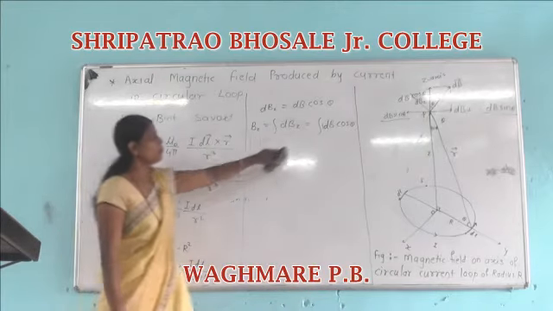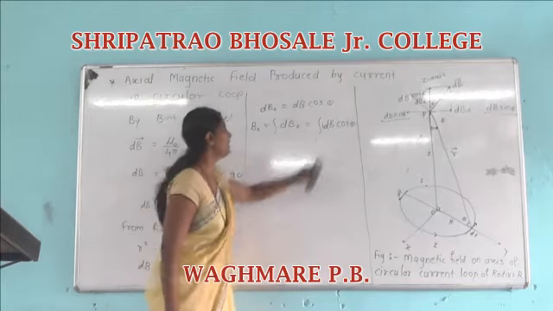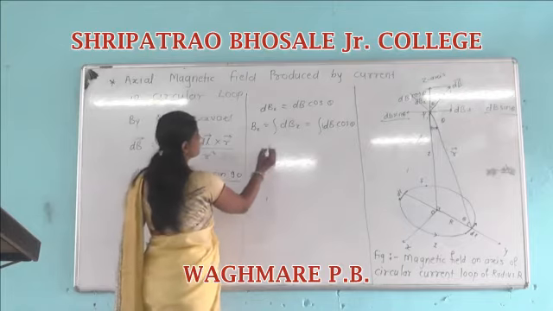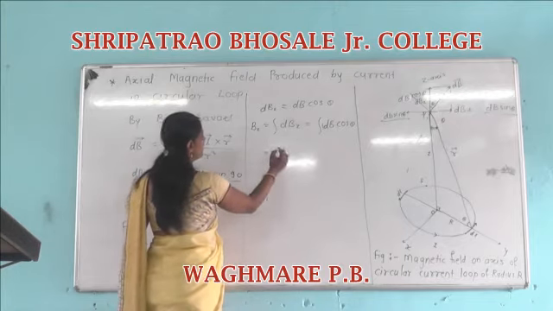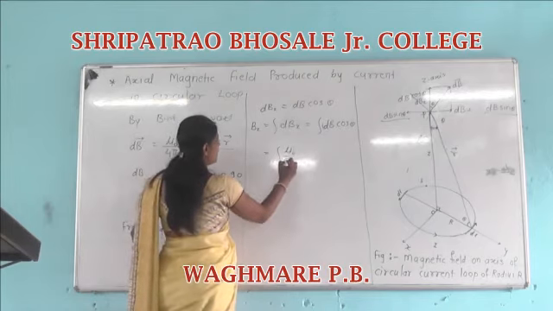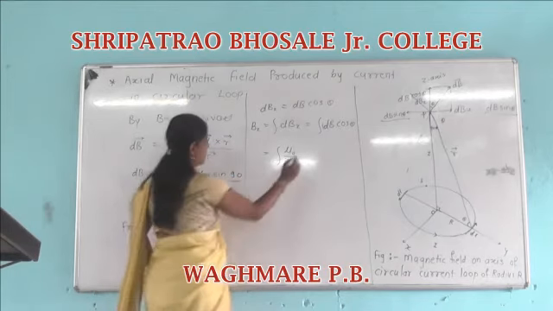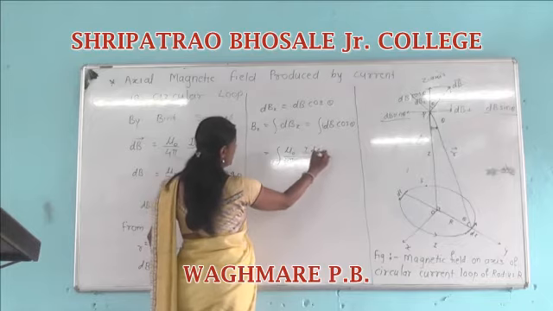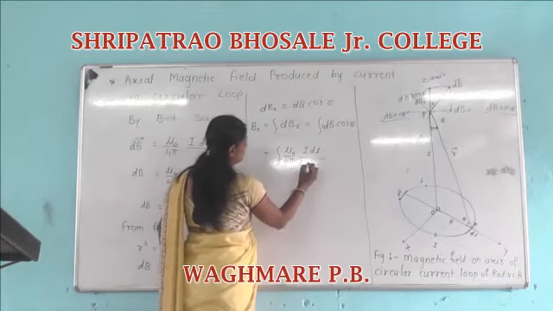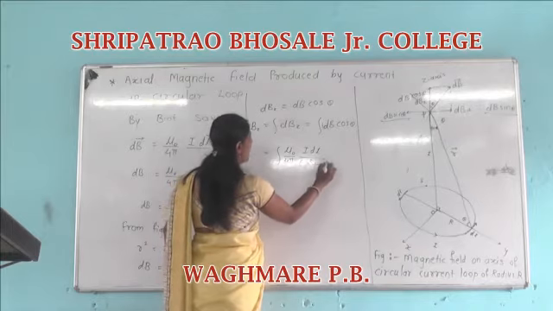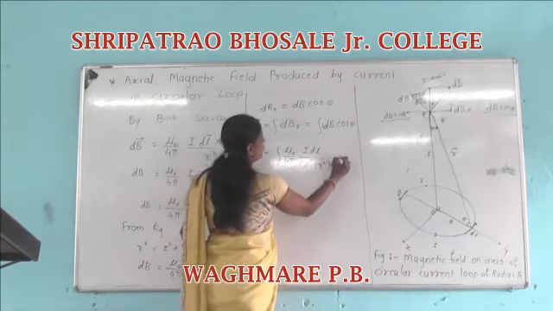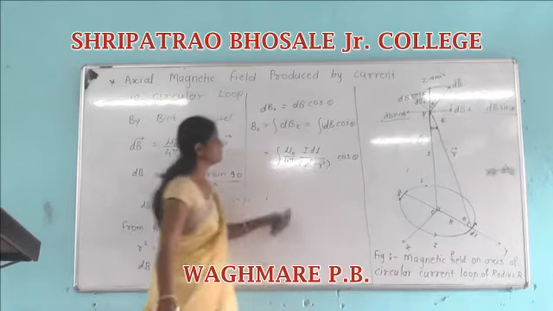Now we can put the value of dB in this equation. Therefore, this will become mu naught upon 4 pi I dl upon z square plus R square into cos theta.